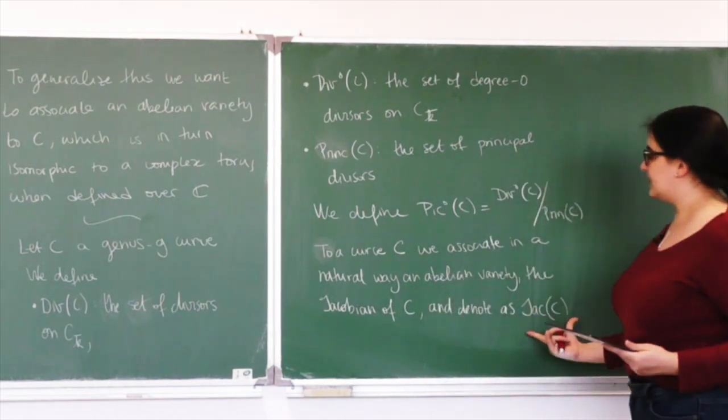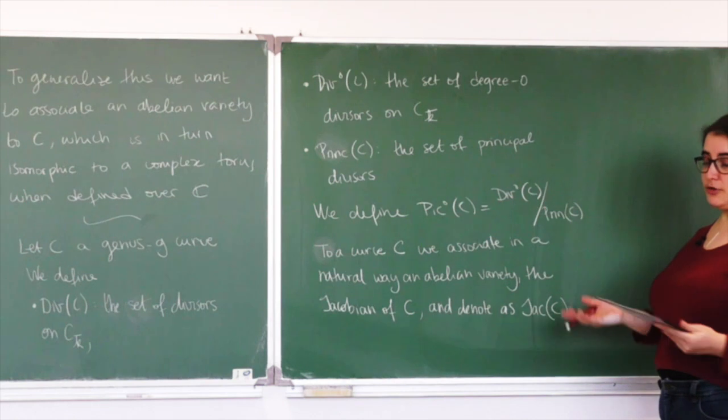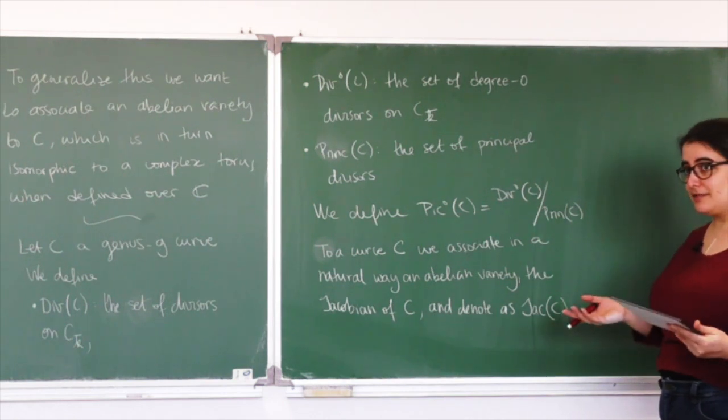In general, I'll try to write it like this. Sometimes I will slip and write it as J(C). Just choose a notation and stick with it, or do your best.